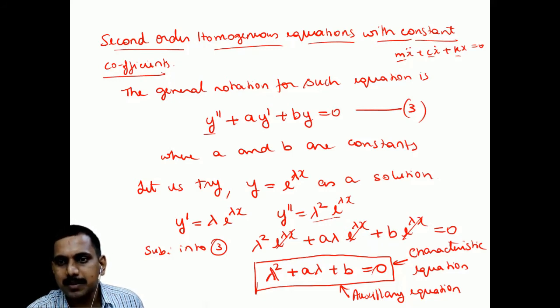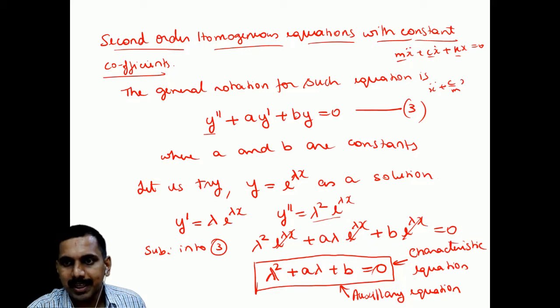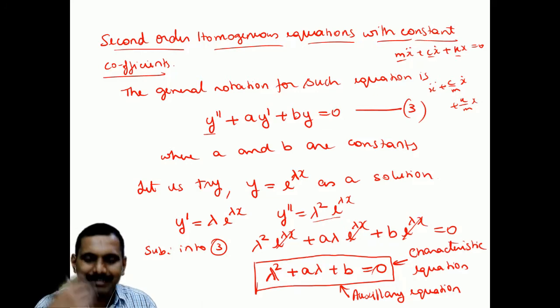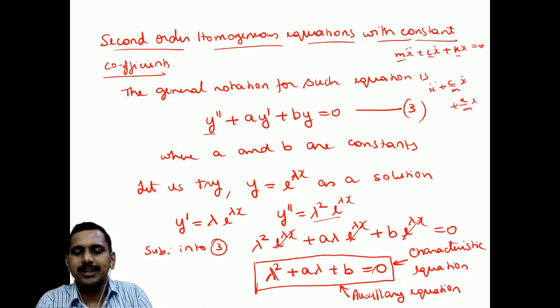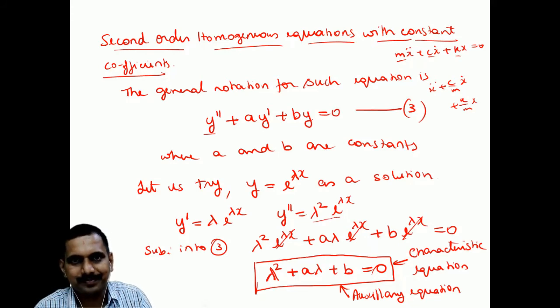So this becomes x double dot plus c by m into x dot plus k by m into x. k by m is omega n square, correct? And what is c by m? 2 zeta omega n, is it not? So that comes over here. We will see that when we go to vibrations. So it has a very, very important application, students.